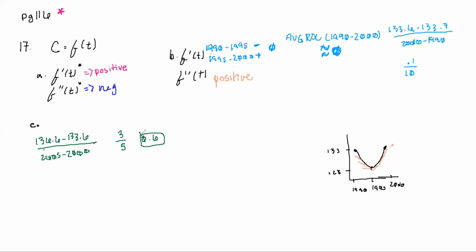So if we're going to interpret this answer in terms of what this equation is actually talking about, this equation is giving us how many cars are in the US in year t.